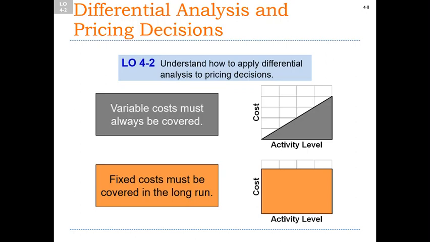Well, and so the same goes here. You must always cover your variable cost, but in the short run, fixed costs do not have to be covered for these special orders, because you're going to be paying for them anyway, whether or not you accept the special order.